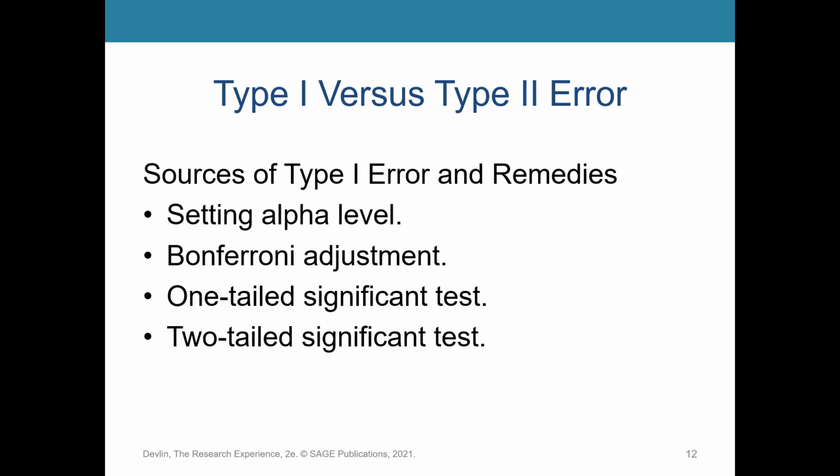Now you might be asking yourself, what the heck is this error thing about? We'll briefly cover this, but what you do as a researcher is you set your alpha level. And this is the likelihood of making a mistake. Often we set our alpha level at 0.05. Basically, we're saying there's a 5% chance that I'm wrong.